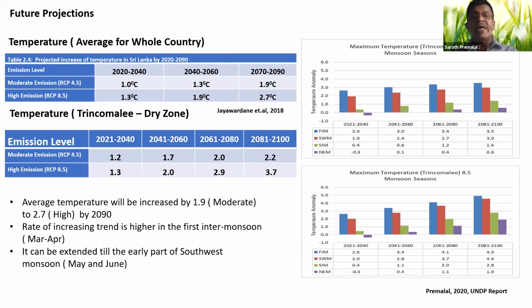You can see that by 2090 in Sri Lanka, temperature can increase by 1.9 to 2.7 degrees, based on the emission level.